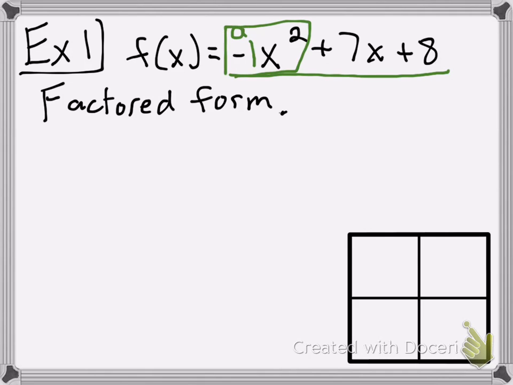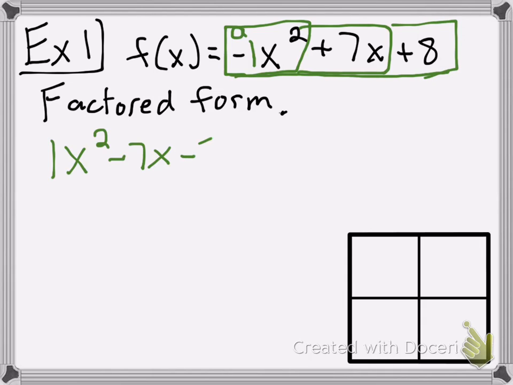This divided by -1, -1 divided by -1 is +1. So I got +1x squared. Positive 7x divided by -1 is -7x. Then divide the last term, we get -8.